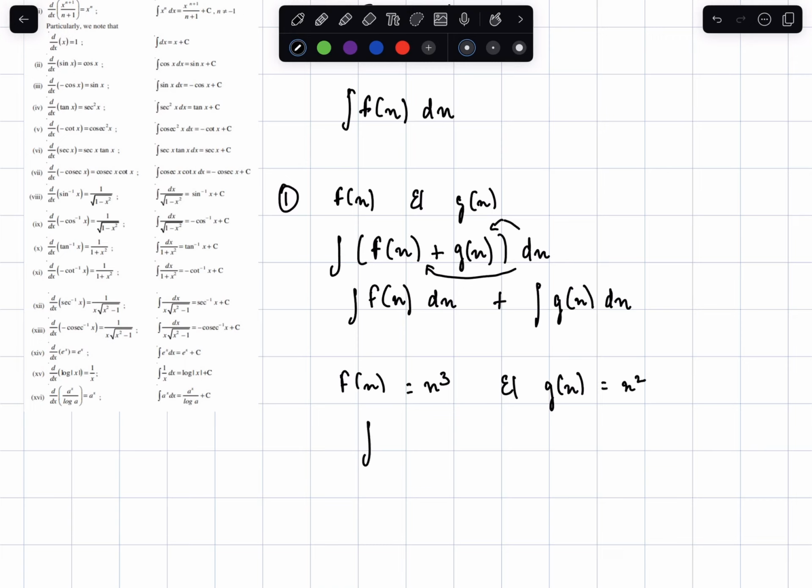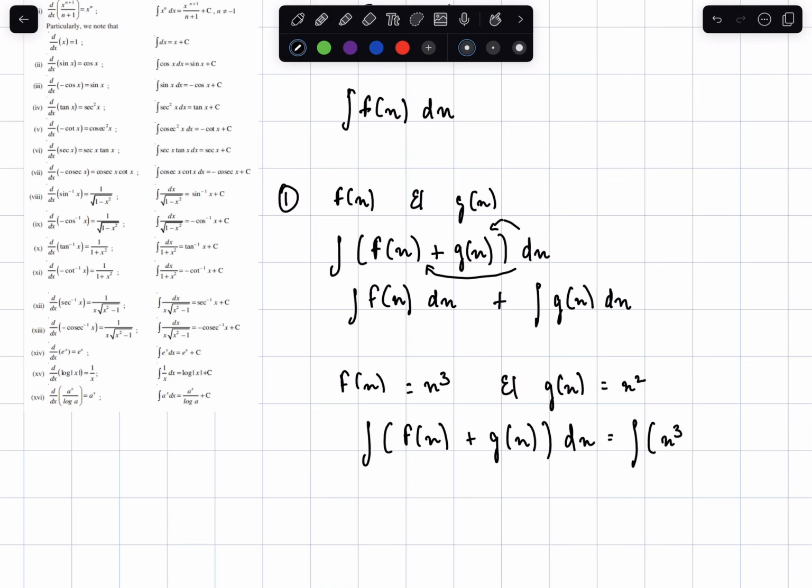So the integral of f of x plus g of x dx is now equal to the integral of, what is f of x? x cubed.